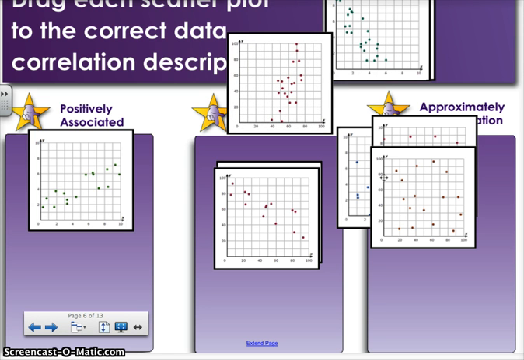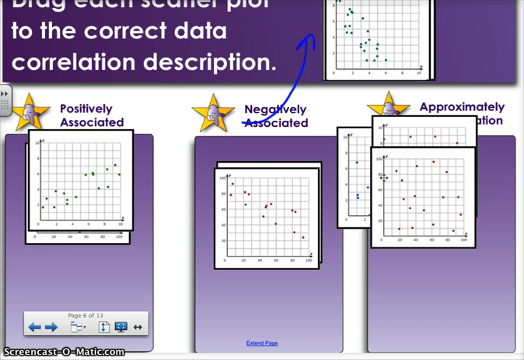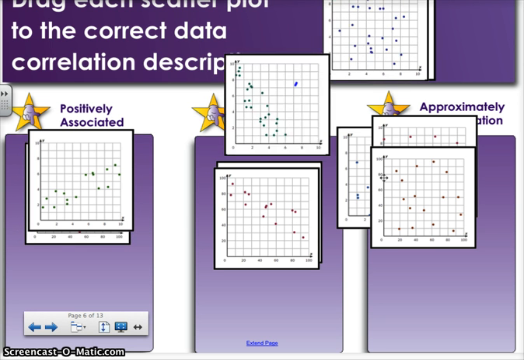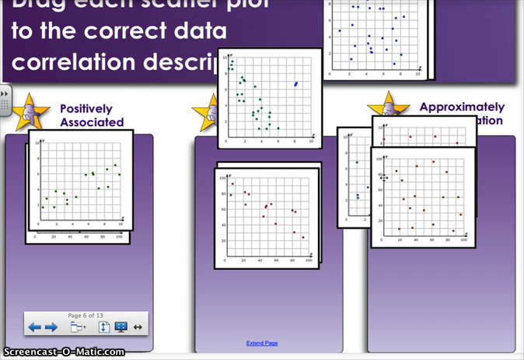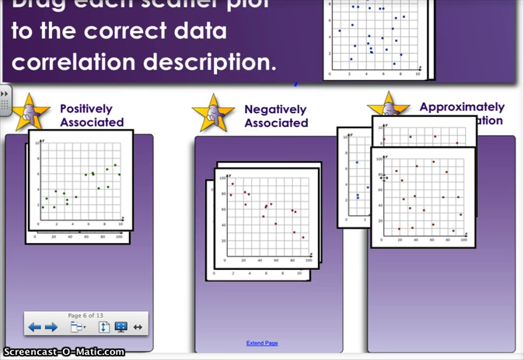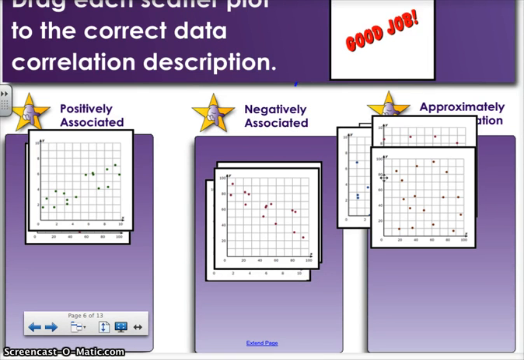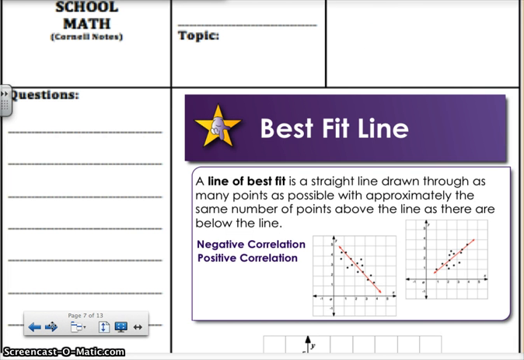This is actually exponential growth. If you can envision, it's growing really fast. But yes, I will take positive. Positive, negative, none. The next one. Steep negative, right? None. Good job.